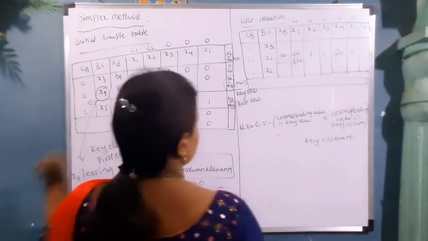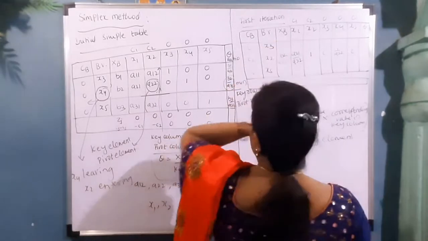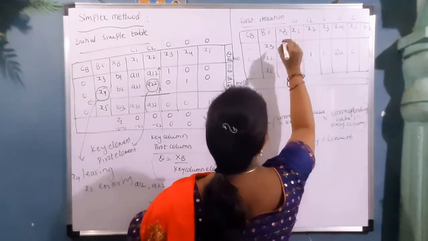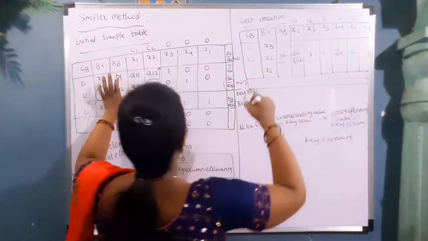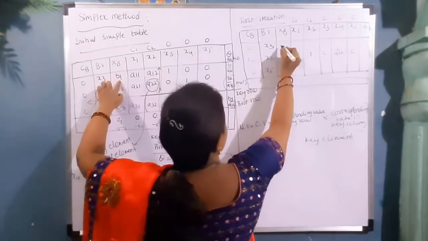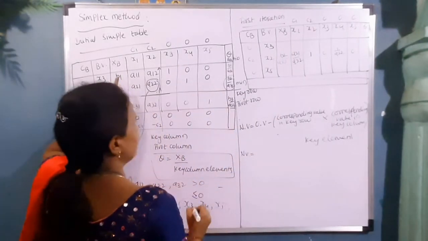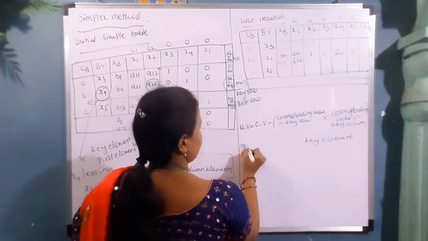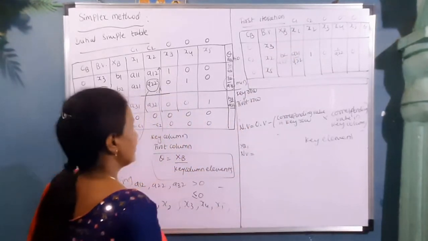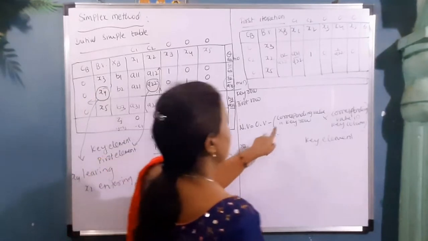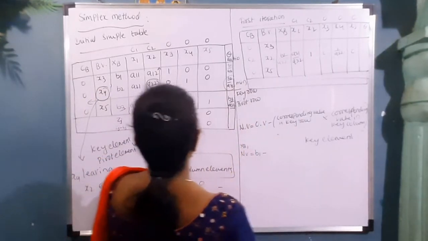If we go to XB, it is B1 and it is B3. So B1, B3 will change now. So we want this value, means new value will be equal to, so this is XB1 we can say. New value equal to old value, means B1, minus corresponding value in key row.